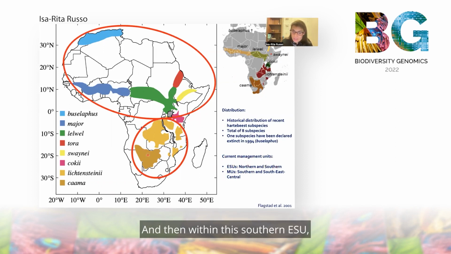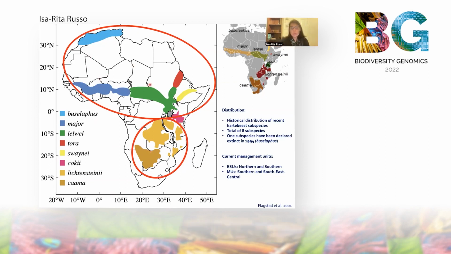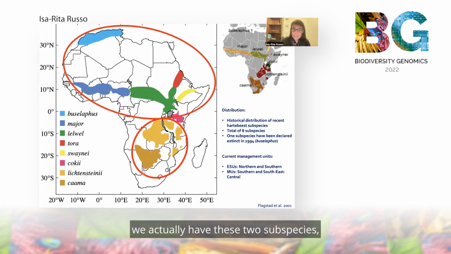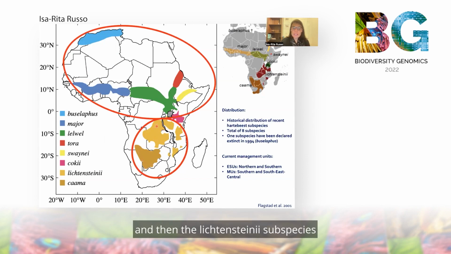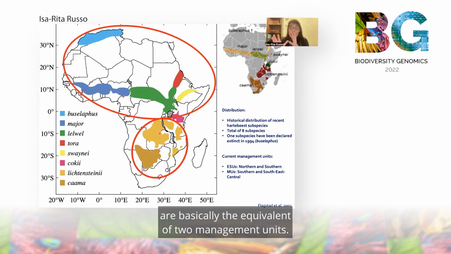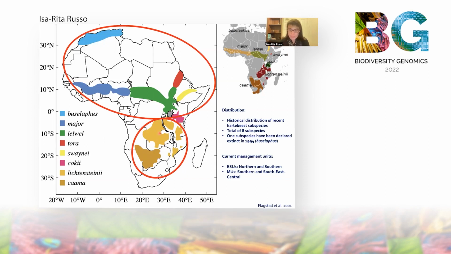And then within this southern ESU, which is the ESU at the moment of interest, because the project will expand to the rest of Africa at a later stage, we actually have these 2 subspecies, the Kama subspecies in the sand brown color, and then the Liechtensteini subspecies in the more orangey color. And these 2 subspecies are basically the equivalent of 2 management units, okay?